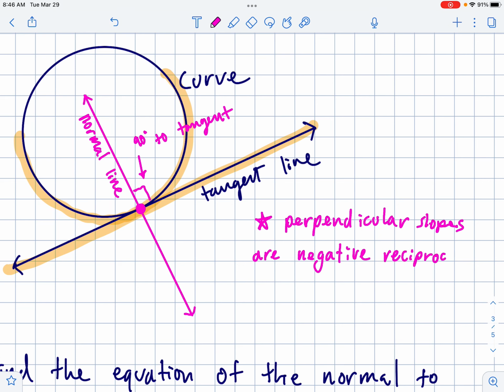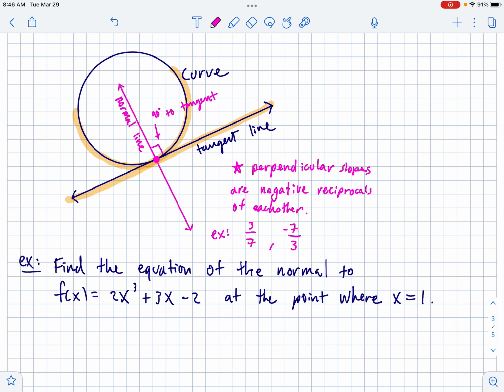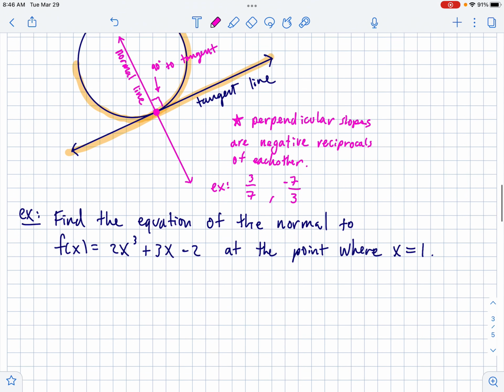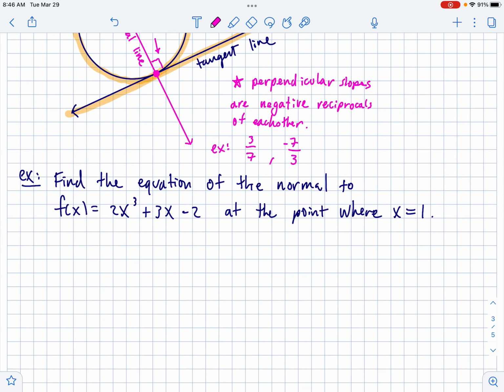Perpendicular slopes are negative reciprocals of each other. For example, if the slope of one is 3/7, then the other one is negative 7/3. They're upside down negative versions of each other.